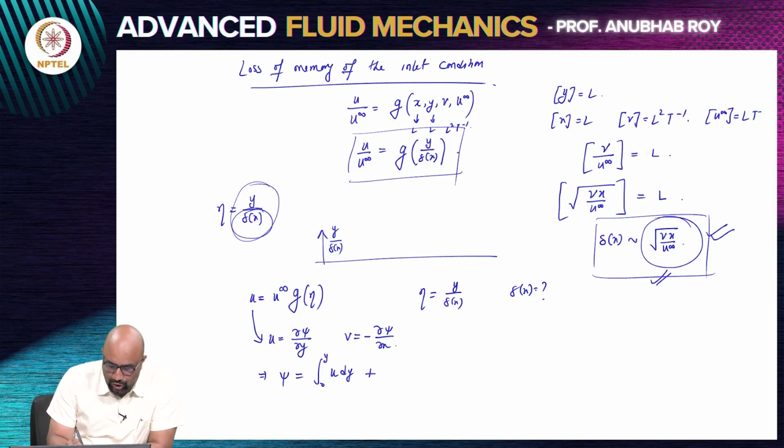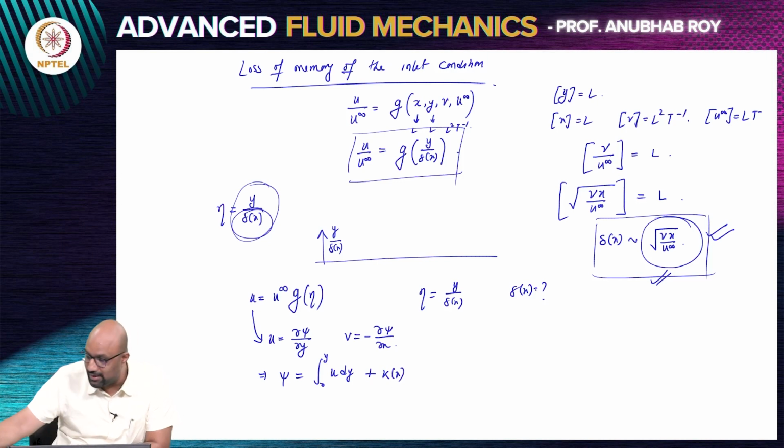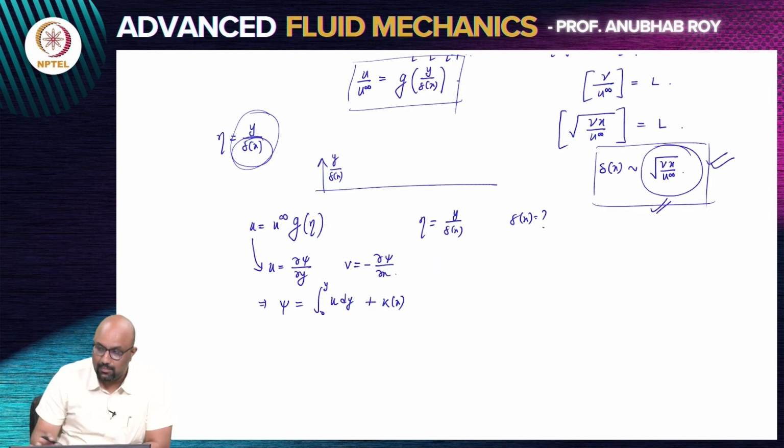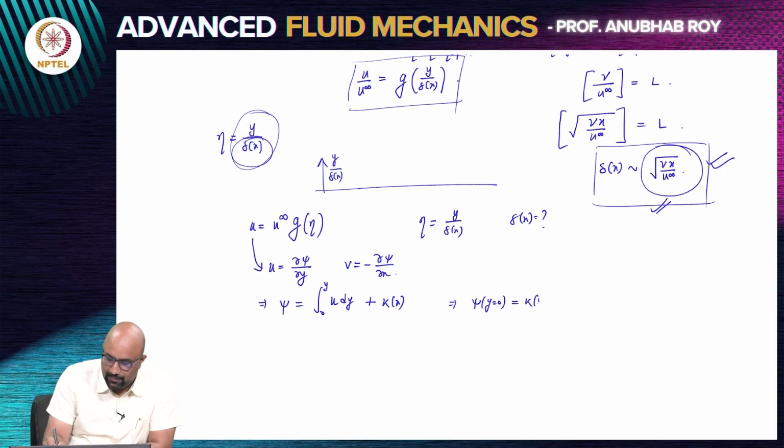Ideally, psi should be the integral from 0 to y of u dy plus some function of x. That is how we learnt about the stream function. Now, why am I ignoring that function of x? I am ignoring that function of x because psi at y equals 0 is going to be k of x.